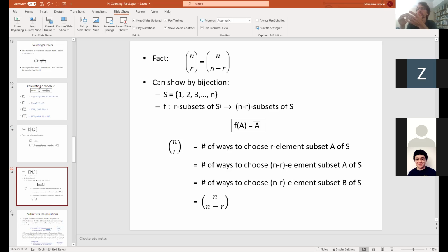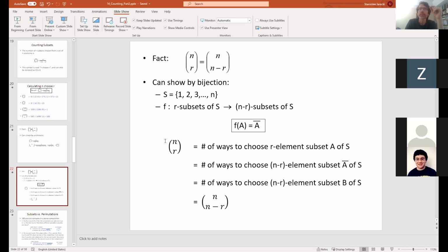And these are equivalent decisions. When I choose R elements in a set, I could equivalently choose n minus R in its complement. It's really the same choice. I can represent the same choice in two different ways. That's this function that maps an R element set into an n minus R element set by taking its complement.